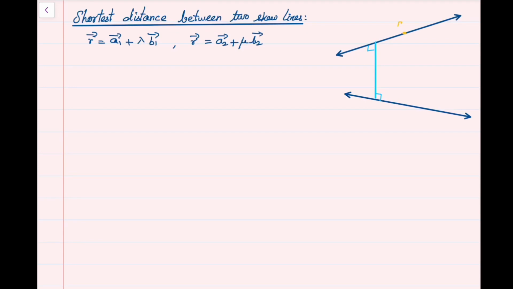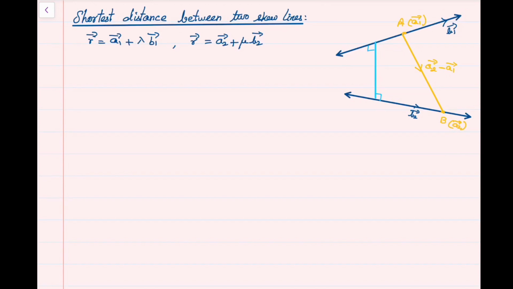A be a point on the first line whose position vector is vector a1. B is a point on the second line whose position vector is a2. So this vector AB represents vector a2 minus vector a1, and b1 is a vector along the first line, b2 is a vector along the second line.